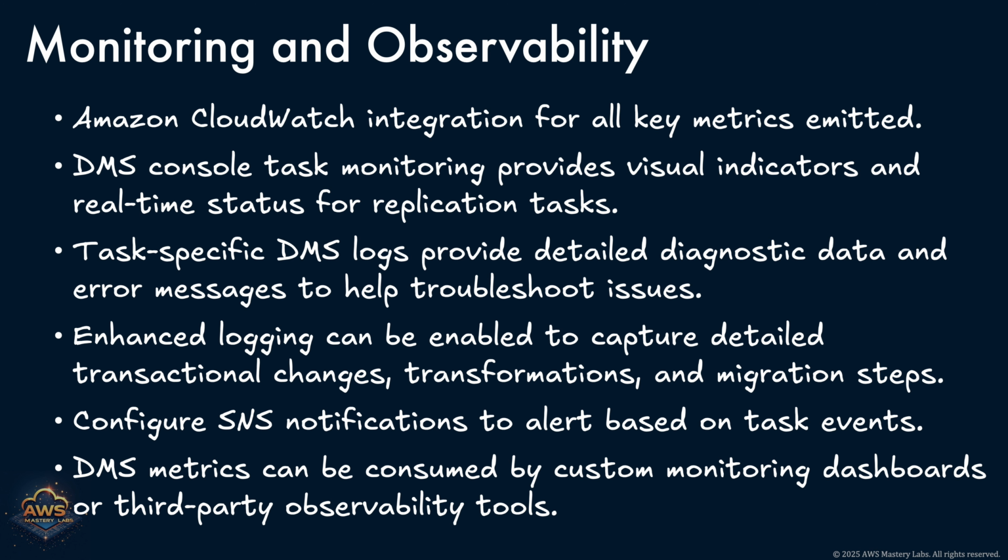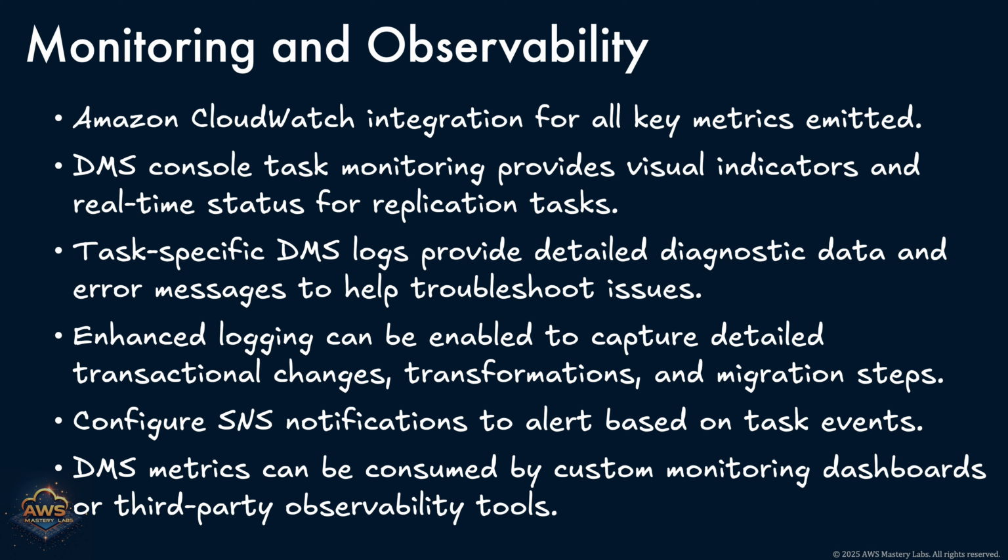These include task-level metrics like latency, throughput, error counts, and replication lag, as well as CPU and memory utilization of replication instances. The AWS DMS console itself provides real-time visibility into the health and status of your replication tasks. It displays progress indicators, error messages, and task states, making it easier to identify bottlenecks or failures as they happen.